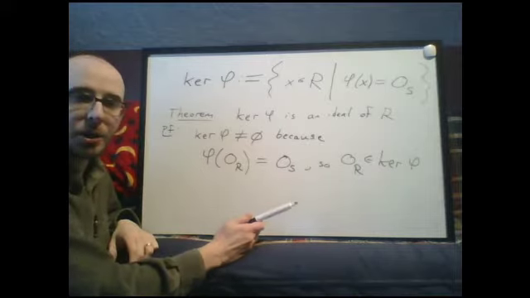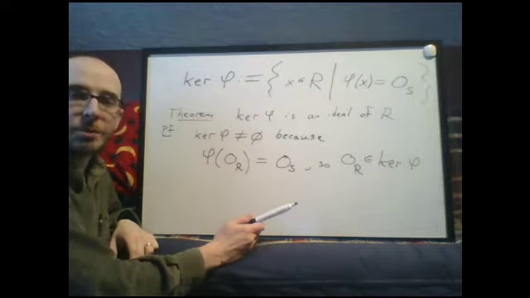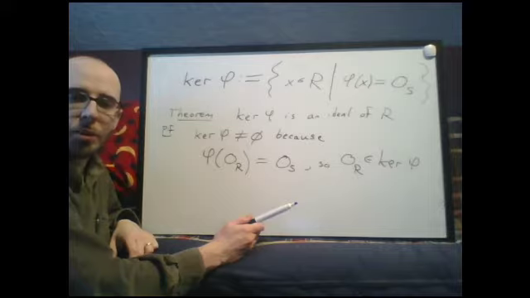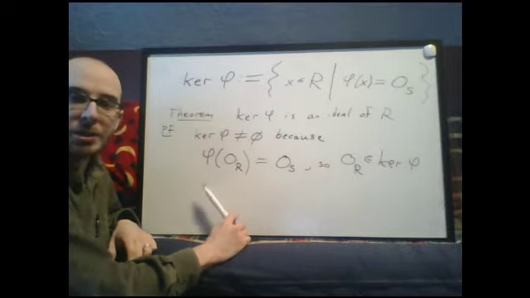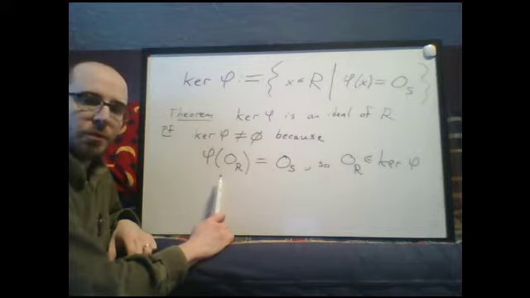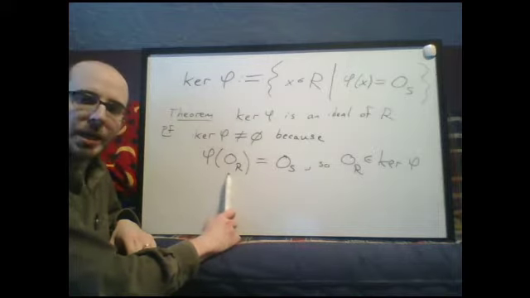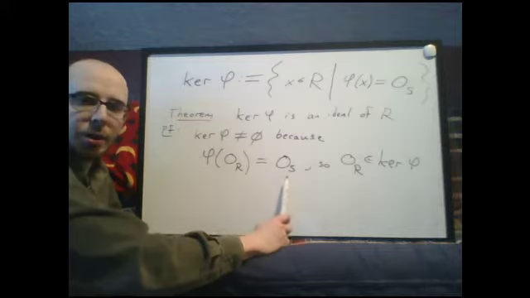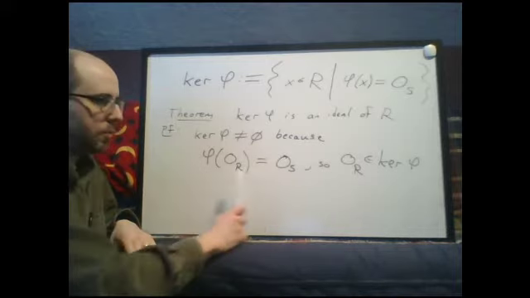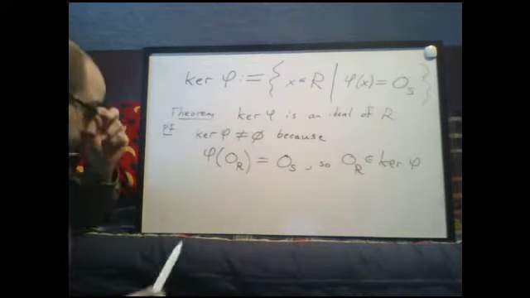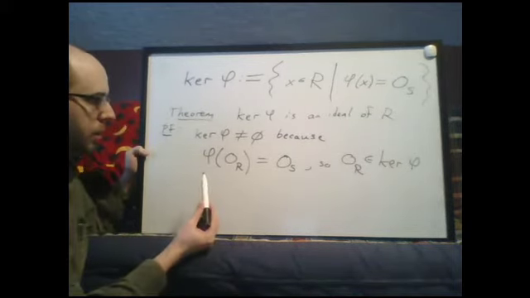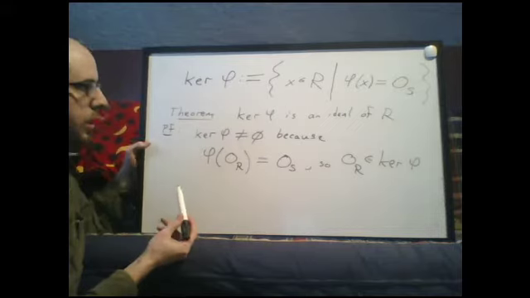Ring homomorphisms are also group homomorphisms under addition, and under addition the identity elements are the 0 elements. So phi takes additive identity to additive identity.